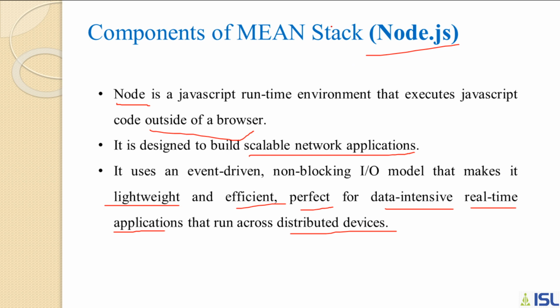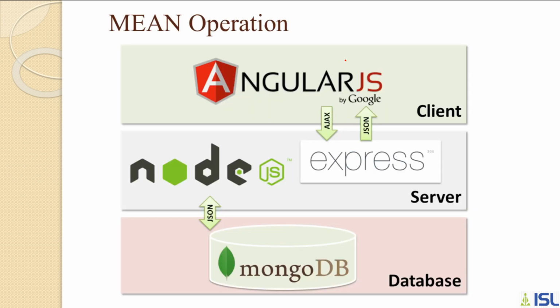Okay, so we saw MEAN: MongoDB, Express, AngularJS, and Node.js. Here the next is the MEAN operation. How does it operate? This is the client, the front end, FE, and this is the server.